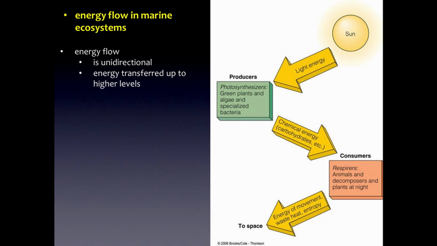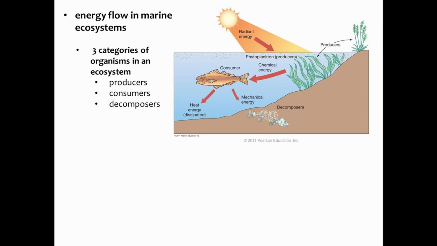So it's a one-directional path, and energy continually is transferred up to higher and higher levels, from a primary producer to a low-level consumer, up to higher and higher consumers such as whales, seals, sharks, and humans.